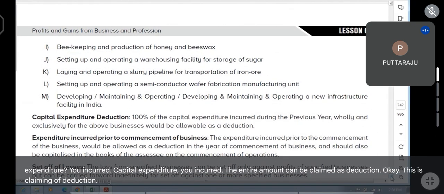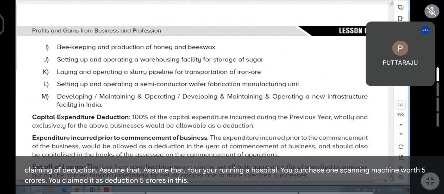Assume that you are running a hospital. You purchase one scanning machine worth 5 crores. You claimed it as deduction, 5 crores in this year. After 5-6 years, you sold that scanning machine for 7 crores.